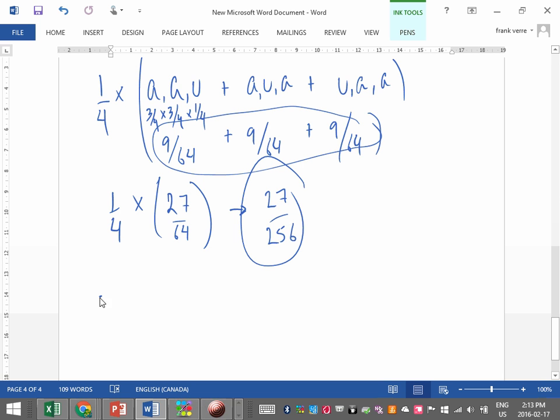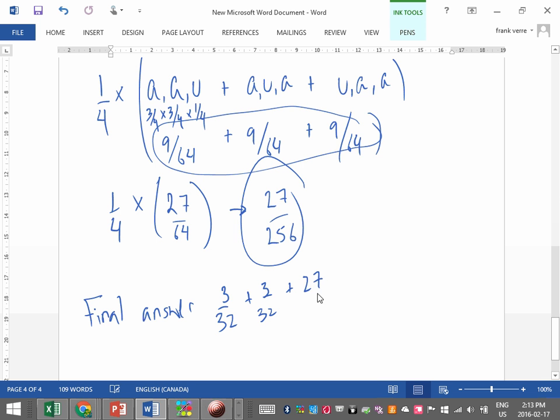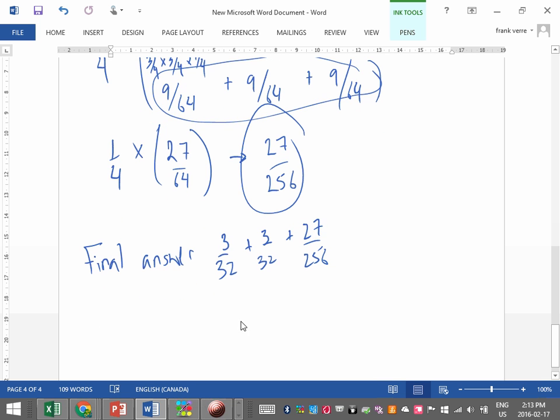So our final answer, like Jeopardy, would be 3 out of 32 plus 3 out of 32 plus 27 out of 256. If you do common denominators, I believe this 24 out of 256 is equivalent to 3 out of 32.